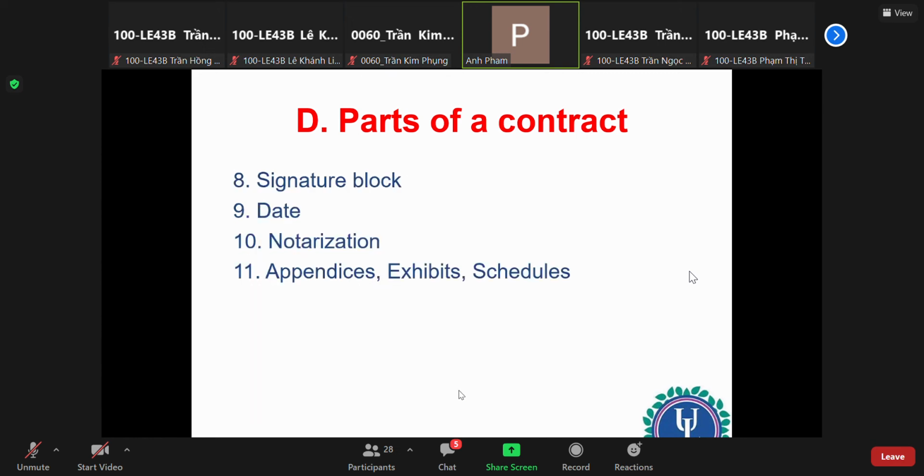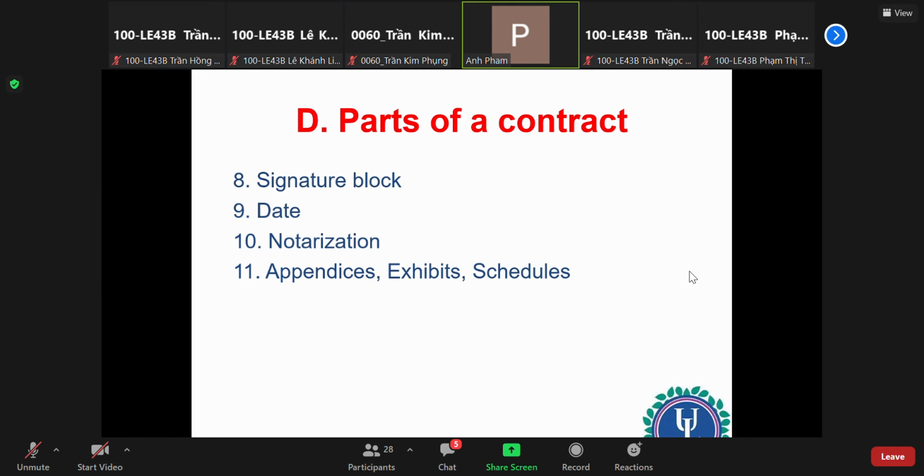Now, the next one is the signature block. Signature block is the place where the parties will sign. So when you draft the contract, of course, you need to have a place for the parties to sign. This is a signature block. And the date of the contract, of course.